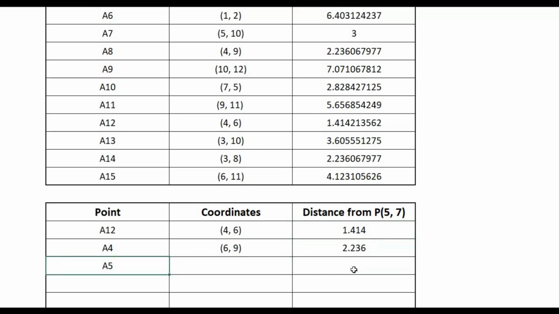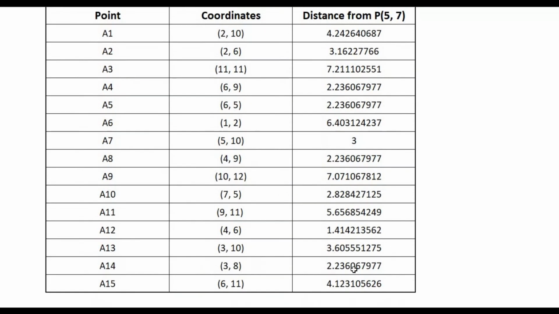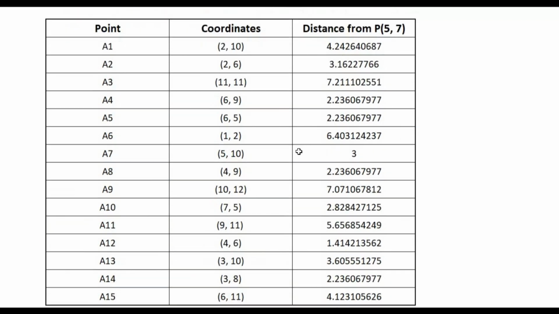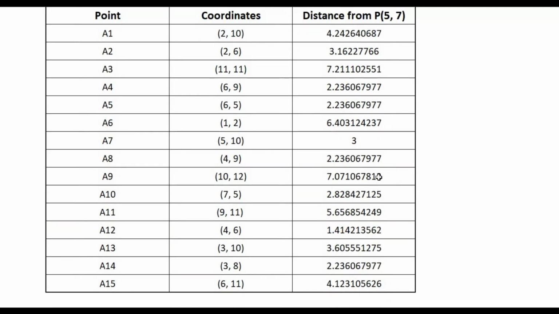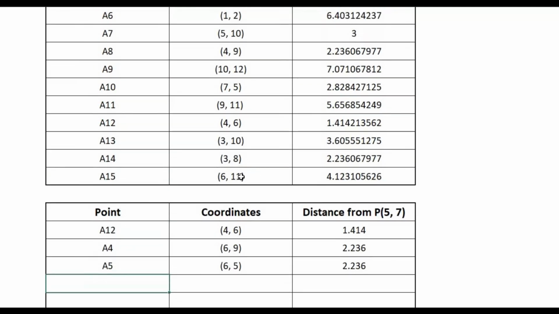So A5, the data point of A5 is 6, 5, and the value is exactly the same. So what will be the next? See this, this one is also the same. Which one was that?